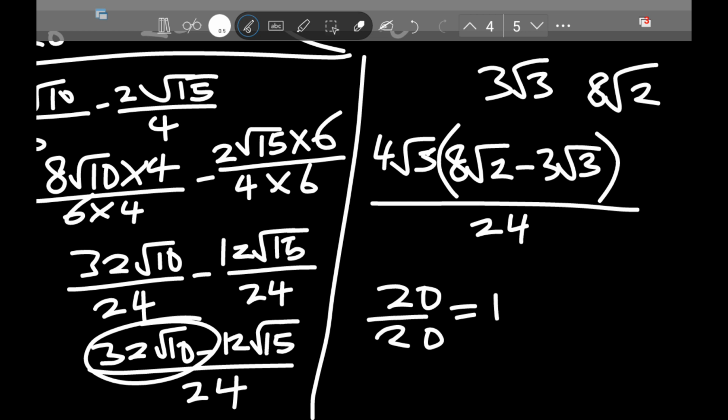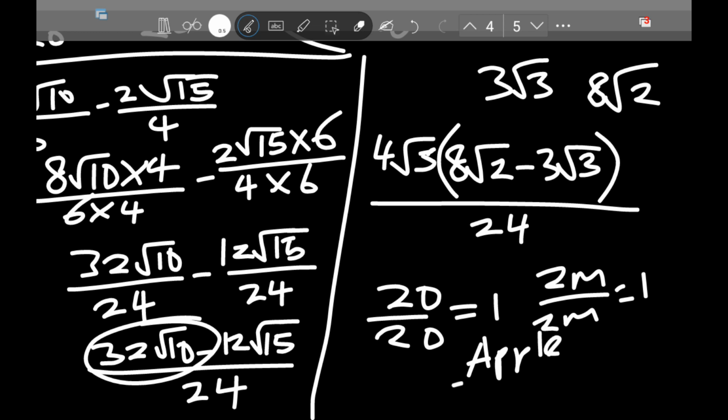Also 2 million divided by 2 million should give you 1. So anytime that a number or a term is divided by itself, it should give you 1. For example, apple divided by apple, what will it give you? When an apple is divided by another apple, it should give you 1. So anything that is divided by itself is always 1. So just keep that in mind.